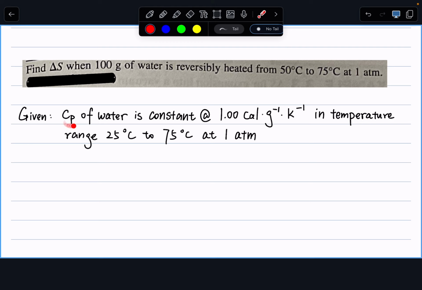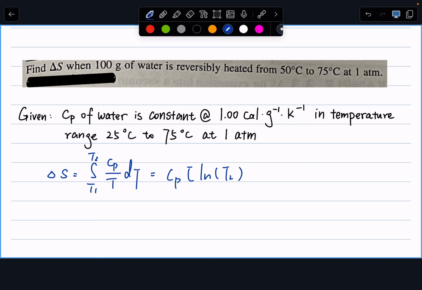So there are different ways, but we need to give you information about what Cp is. And then setting up this question, since Cp is a constant, my delta S equals the integral from T1 to T2 of Cp over T dT. Now Cp comes out, and it just becomes Cp times (ln T2 minus ln T1). You can plug in the numbers to get a result for this question.